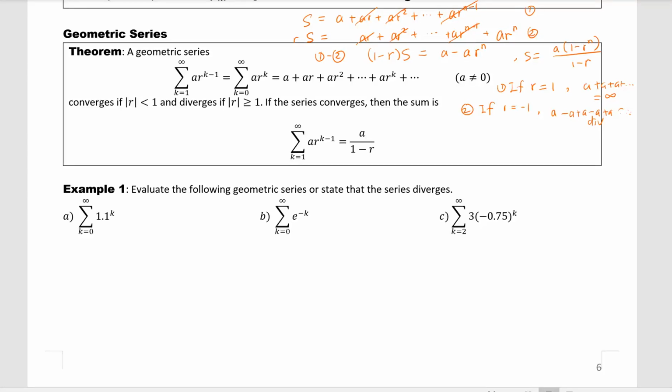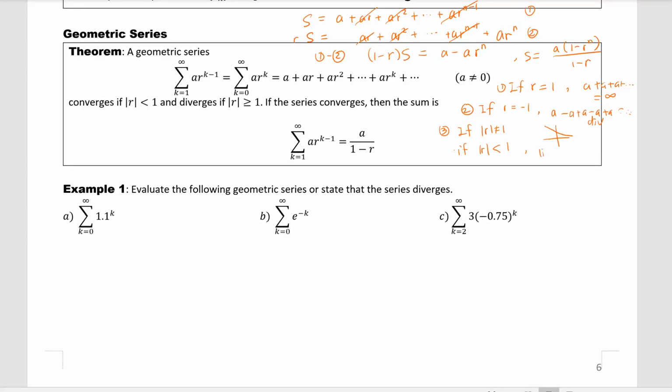And case 3. If the absolute value of r is not equal to 1, what happens? We can see here, if the absolute value of r is less than 1, then we get an exponential function r to the n that is actually decreasing.